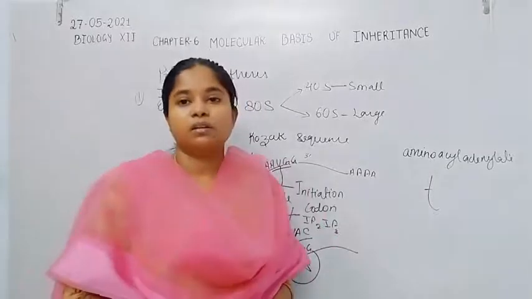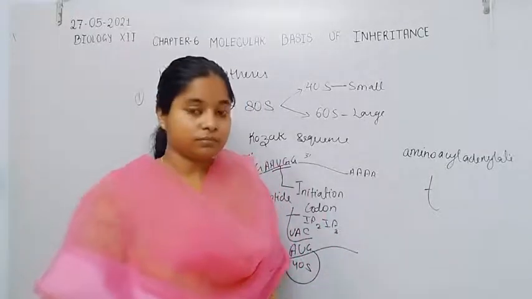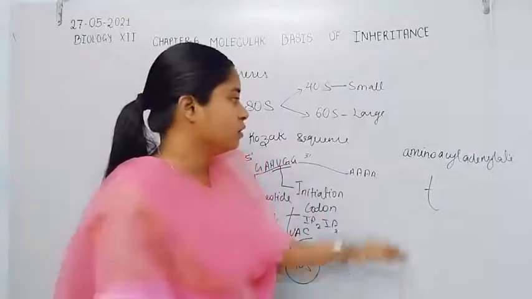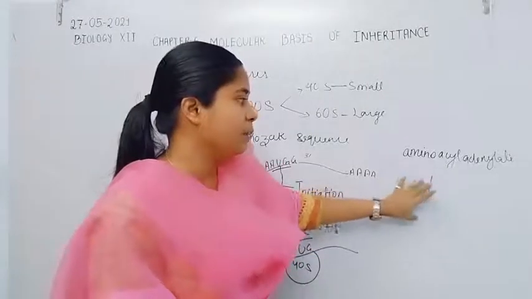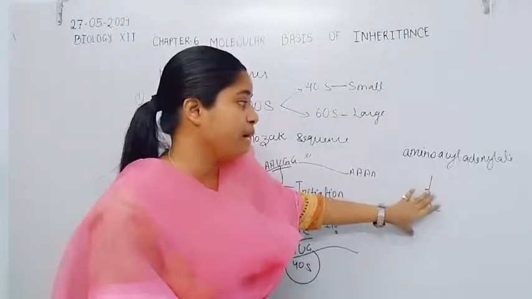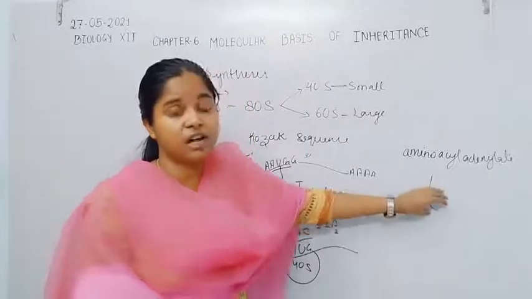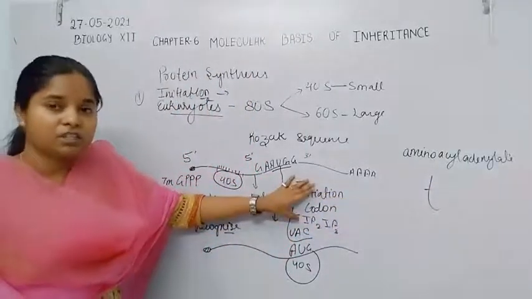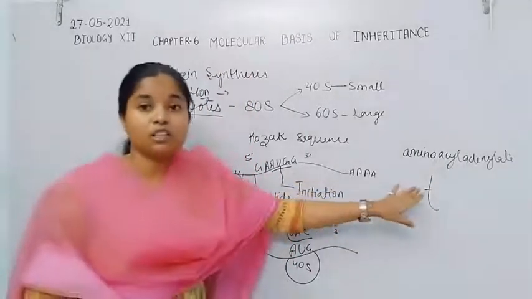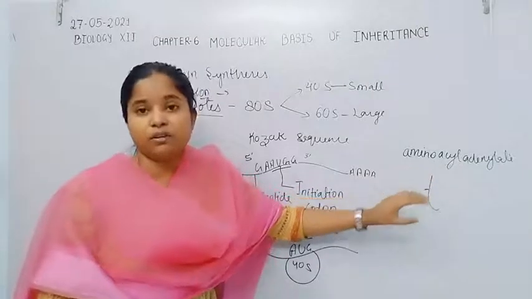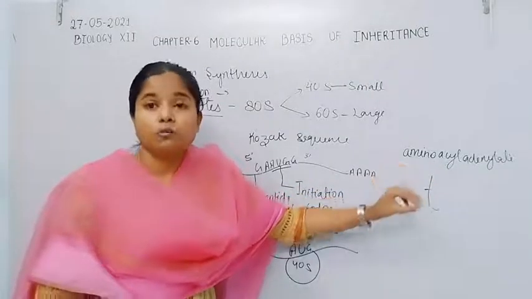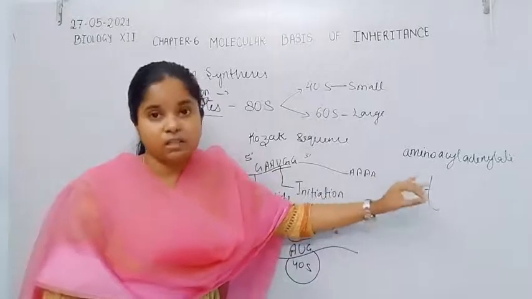So the amino acid binds with the tRNA, and the charged tRNA now comes with the help of the initiation factor, also utilizing energy. How the whole machinery works, we will discuss in the next class.